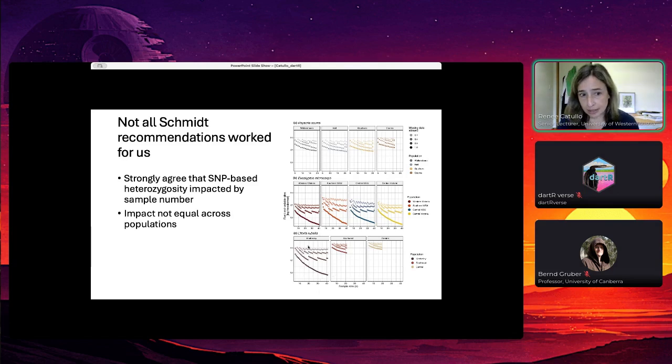The worst was the Litoria rubella in the Kimberley, where as our call rate filter went up and our number of samples went up, our heterozygosity bombed. And this is the autosomal heterozygosity. We see that also for the eucalyptus, and less strongly, but a little bit, for the grasshopper.